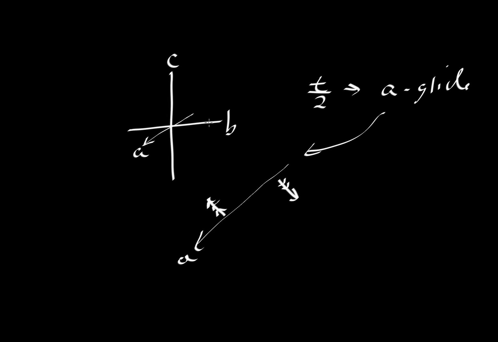And you can imagine the same thing would work for designating a b or a c glide. If we're moving in the b direction, then it would be a b glide. And if we move in the c direction, then it would be a c glide. And we're not restricted to just moving along the axes. We can also move a t/2 direction that combines.